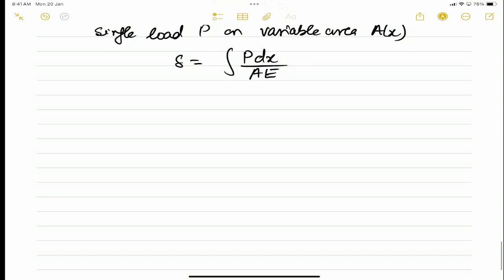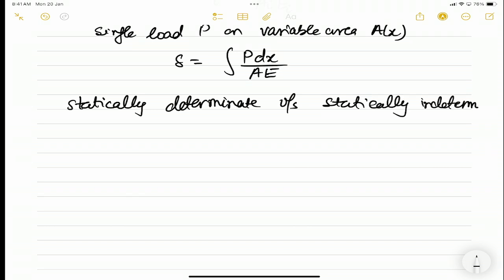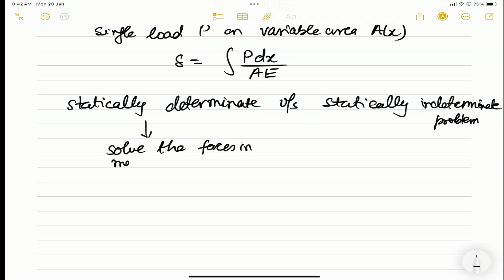So, statically determinate: here we can solve the forces in members.